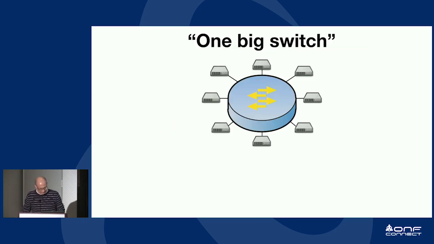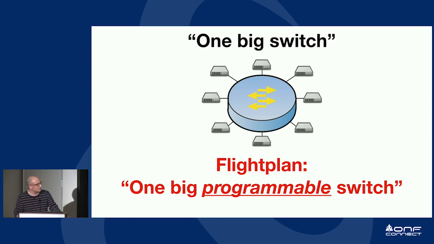Okay, so to do this, we're kind of leveraging an idea that has been around in networking for quite a while. This is a kind of a useful fiction of treating the network as one big switch. And in the system I'll be talking about, Flightplan, we're going to be looking at this as one big programmable switch, right? So this is a convenient abstraction to use as far as the programmer and the operator is concerned, but it doesn't go far enough.